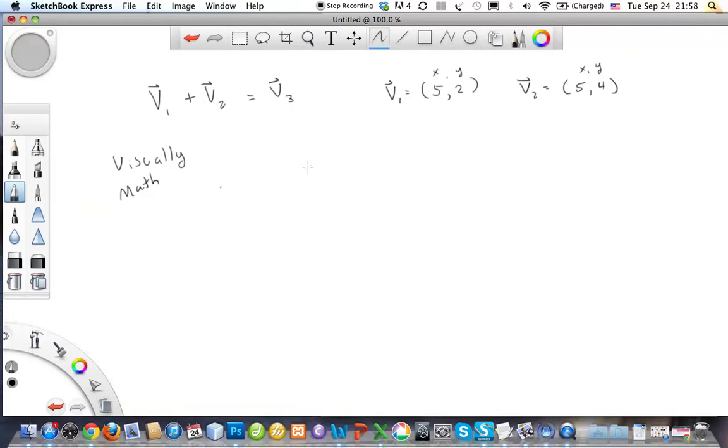So first of all, I'm going to show you that when I add these two vectors together, I get a third vector. That is because vector 1, I'm going to do this in colors.